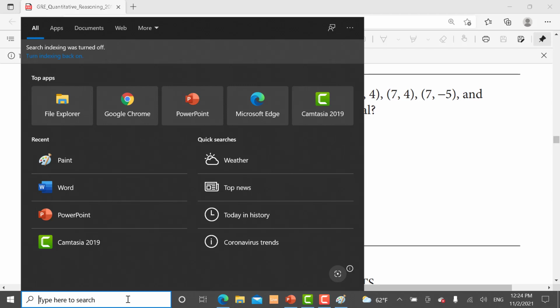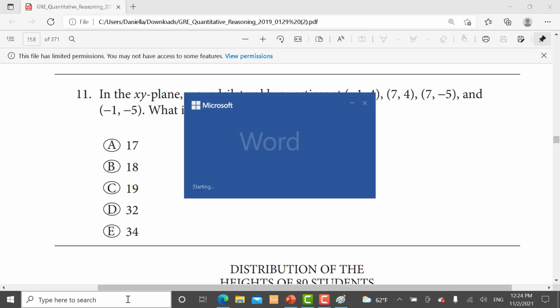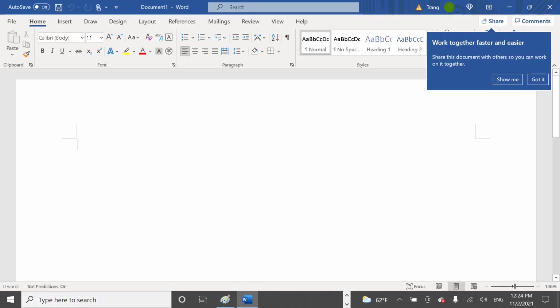Let me use a Word document and type it in. So question 11: you see that x goes from -1 to 7, and y goes from -5 to 4.